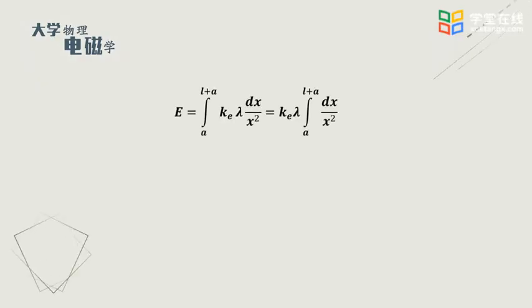As we mentioned earlier, each segment has a length dx, and the charge on the segment, dq, equals lambda dx. Noting that ke and lambda are constants, they can be moved out of the integral sign. We evaluate the integral to obtain the electric field.